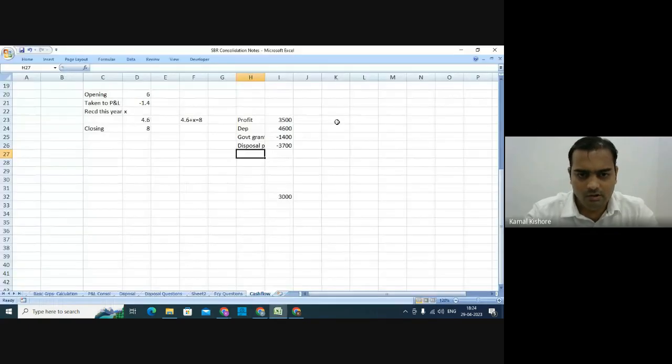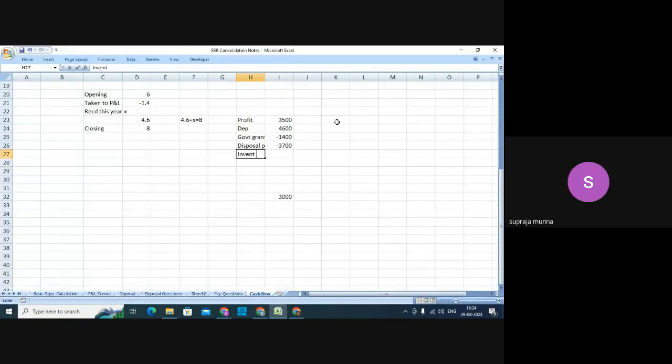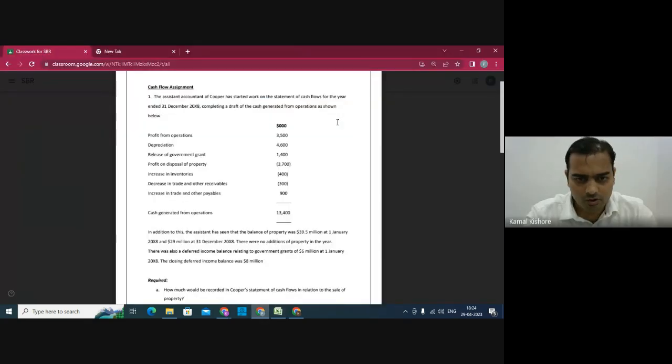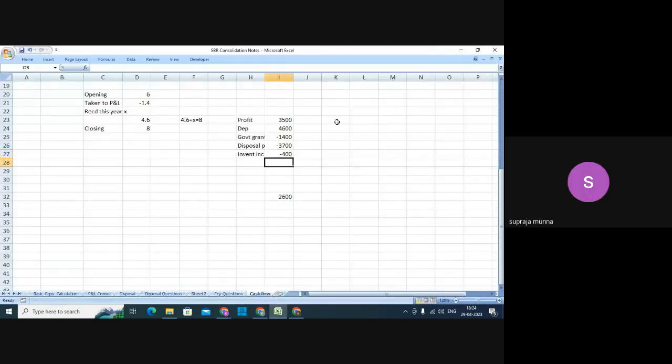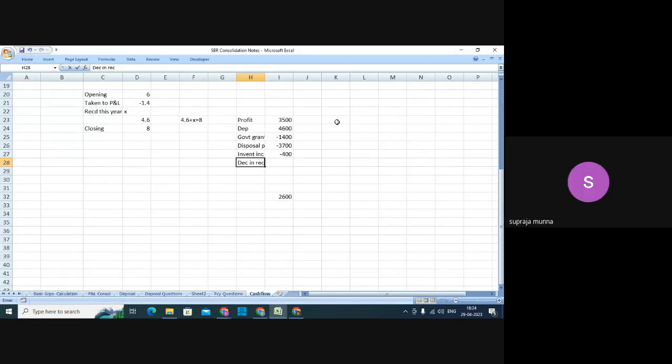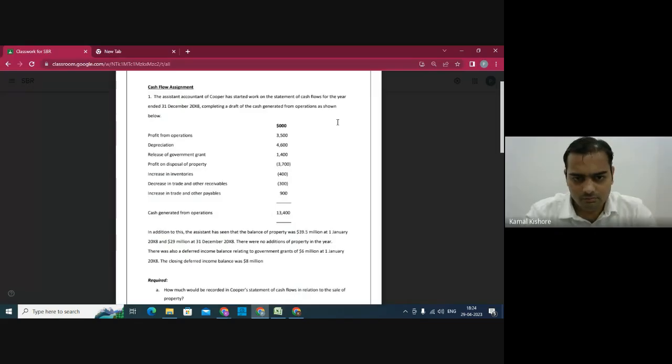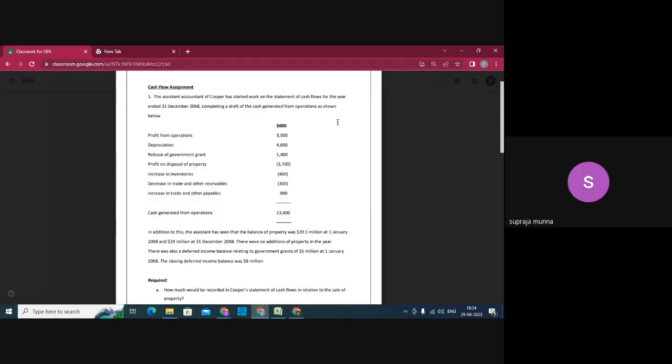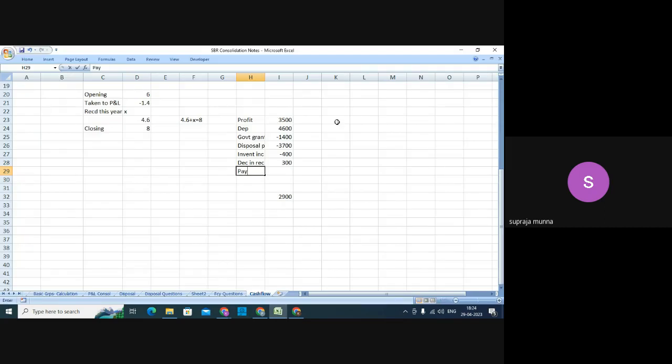Then increase in inventories minus 300. And decrease in receivables 300. Increase in other payables 900.